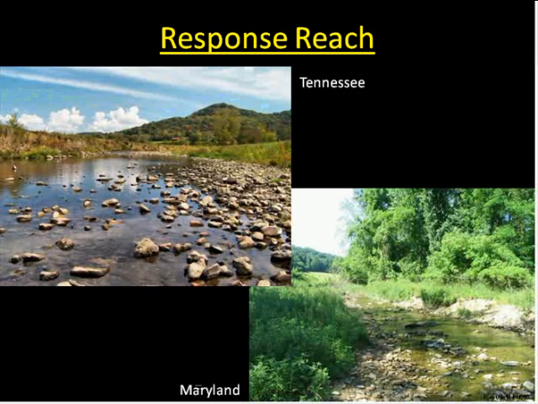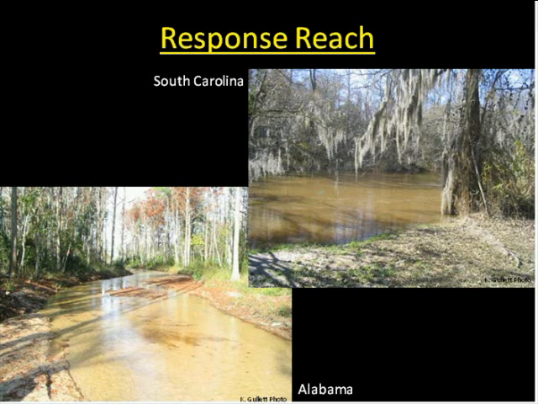Substrates are mostly cobbles and gravels, and riparian vegetation helps govern channel stability, location, and geometry. Lower elevation response reaches usually have pronounced meanders and complex morphology, like this river in South Carolina, and include dune ripple channels such as this stream in Alabama, just a few feet from Mobile Bay.